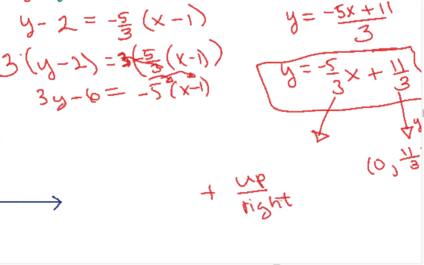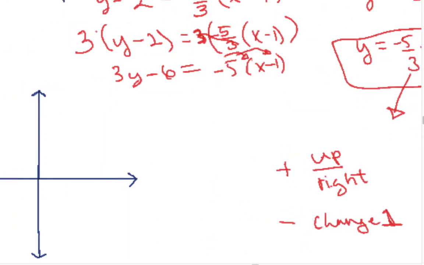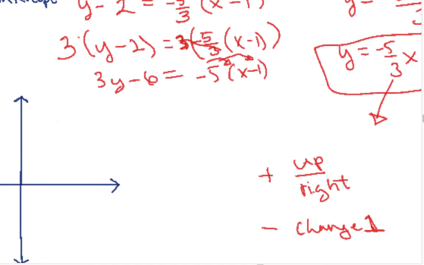And then if it's a negative slope, you just change either up to down or change right to left. So just change one. The way I remember it is positive people in class, what do they always do? They sit upright, right? And usually in the front row. And then negative, you just change 1.